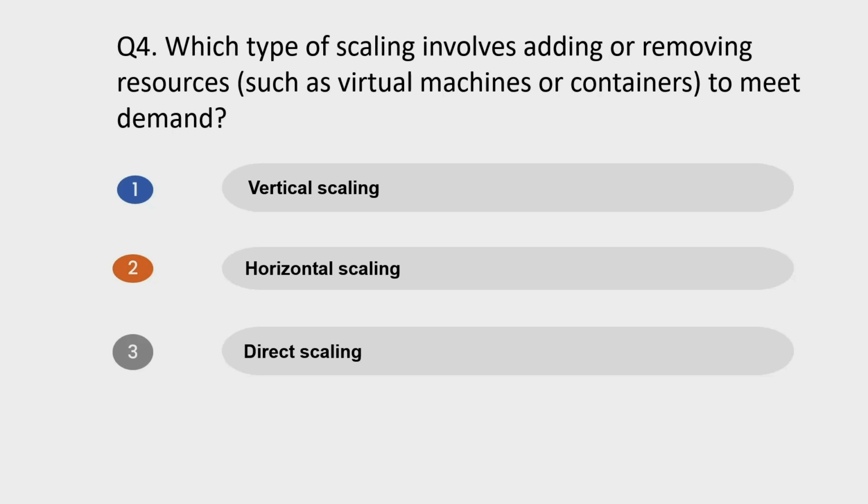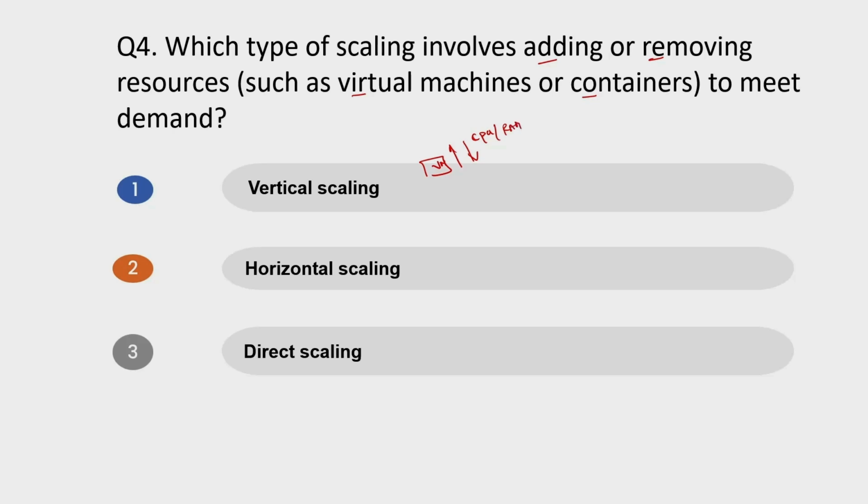Which type of scaling involves adding or removing resources such as virtual machines or containers to meet the demand? The keyword is adding or removing resources such as virtual machines, containers. In vertical scaling, basically we increase the CPU and memory.